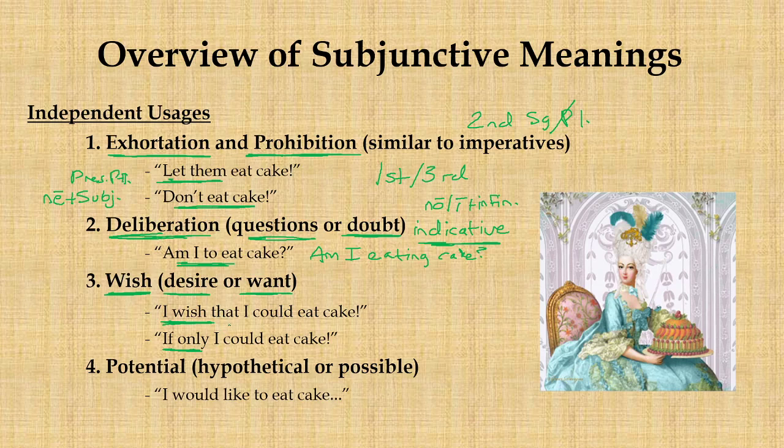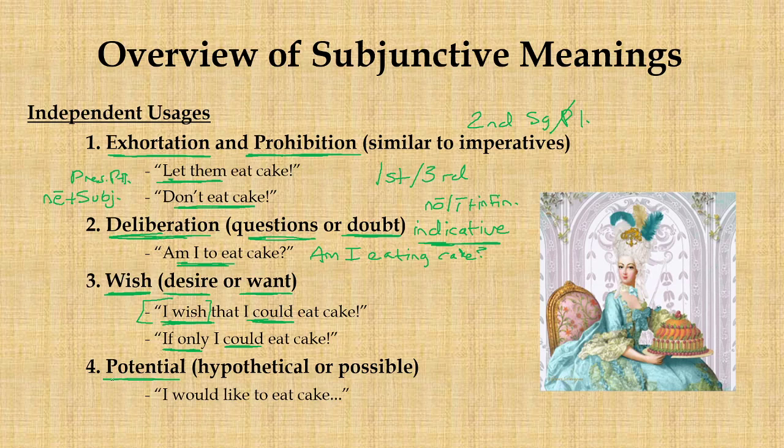In English, they introduce this subjunctive clause, and we'll see that in Latin we actually don't need this phrase "I wish" or "if only." It's merely just part of how English works. We'll see that when we get into some more examples, but this is the basic idea. I really, really want that I could eat cake, or I wish that I could eat cake. And we'll get to that in a little bit more detail later.